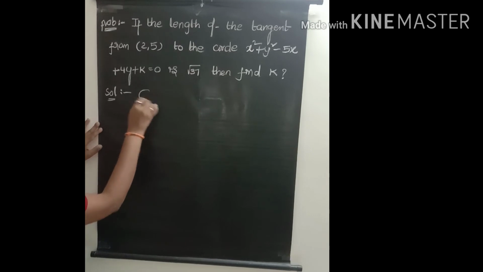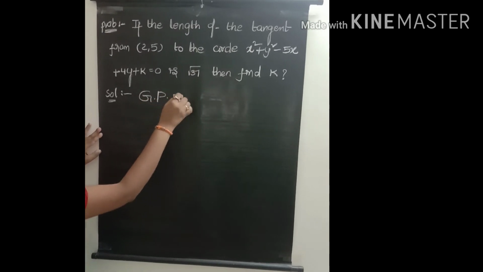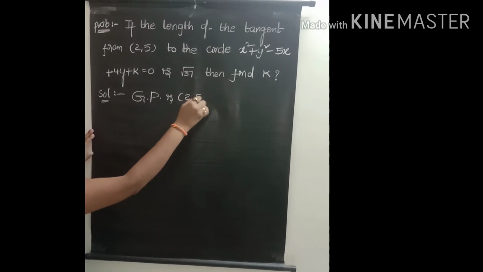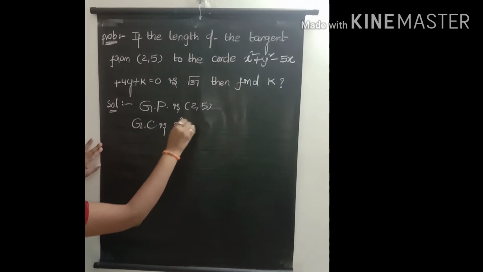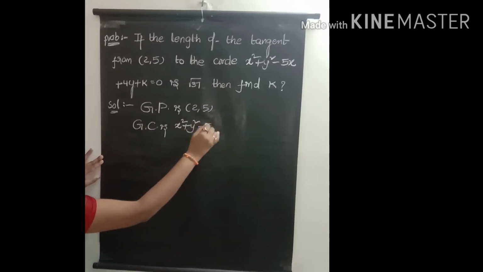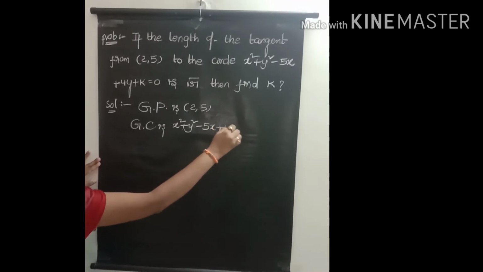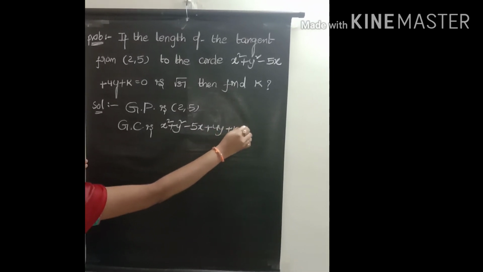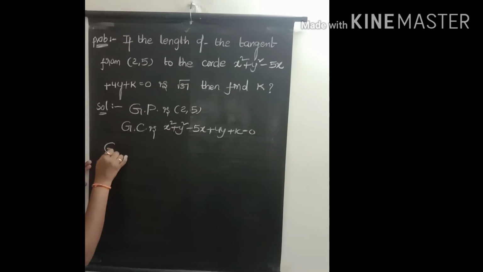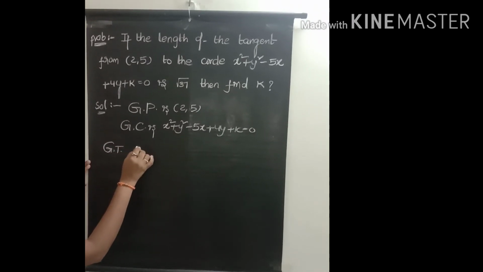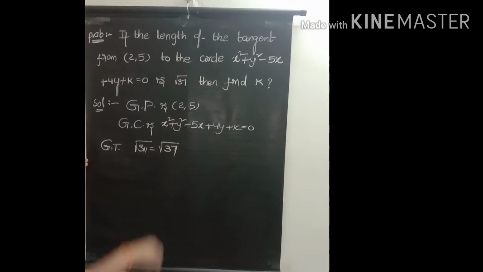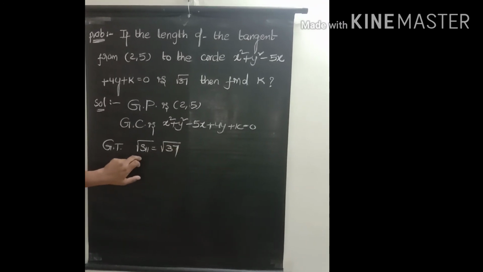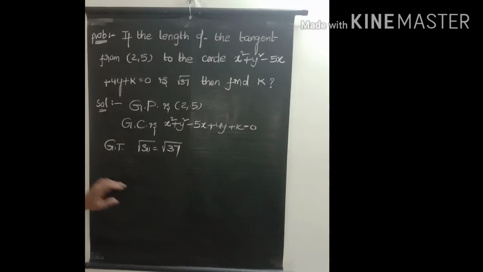So first we take the given point (2, 5), and the given circle x square plus y square minus 5x plus 4y plus k equals 0, and given that the length of the tangent is root 37, that is root S11 equals root 37.